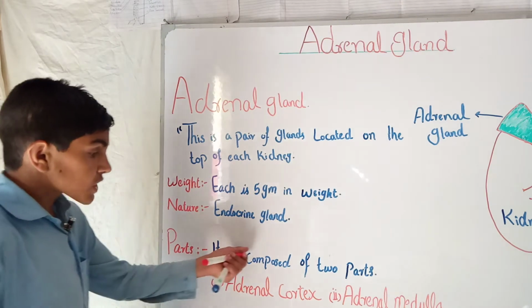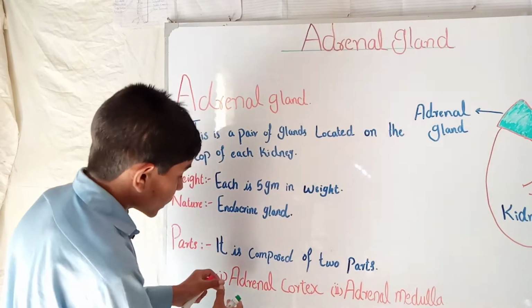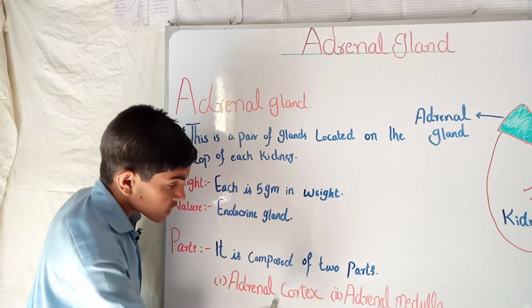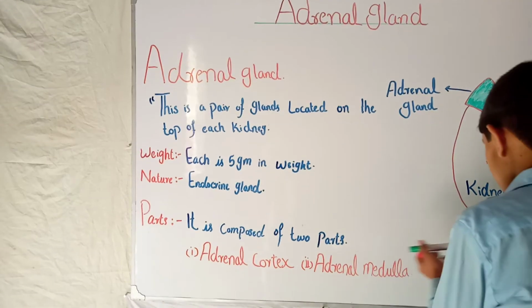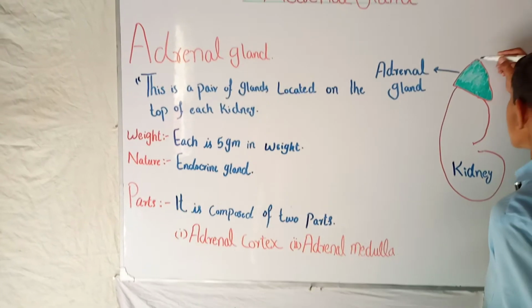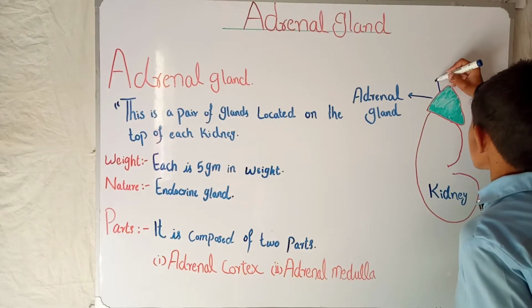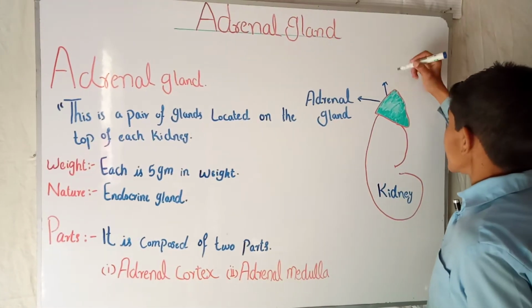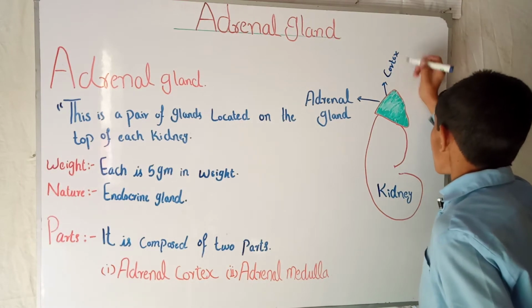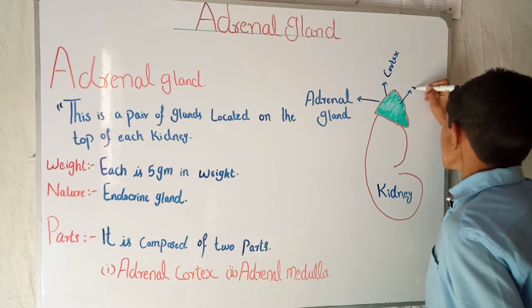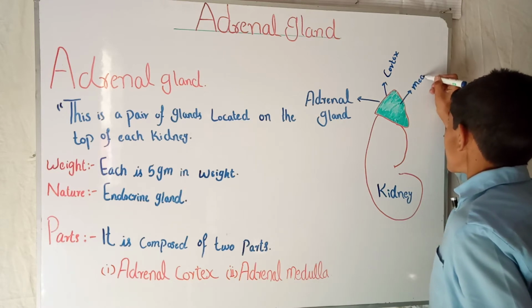Parts: it is composed of two parts. One is the adrenal cortex, the second is the adrenal medulla. So you can see here, this red part is called the cortex, and this green part is the medulla.